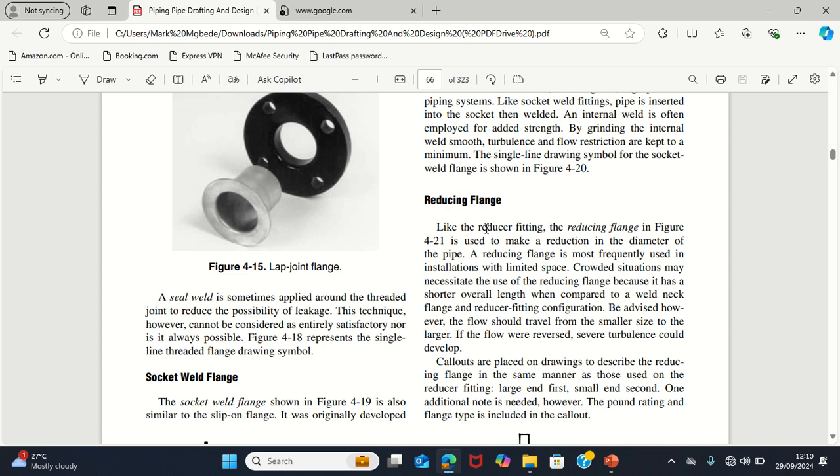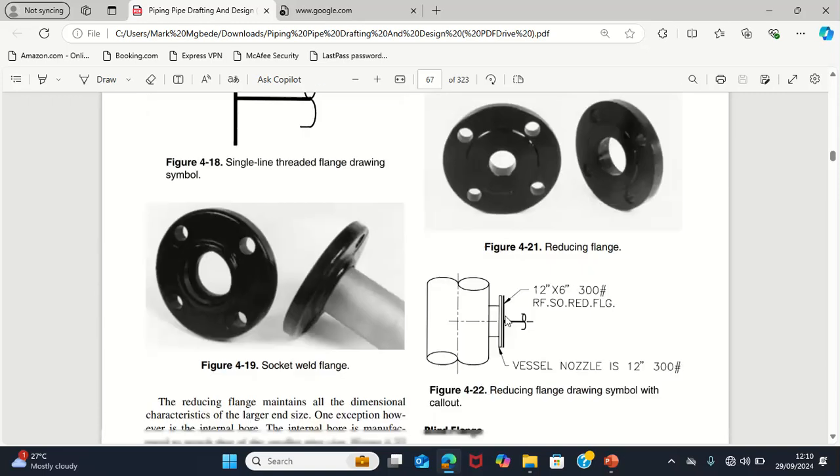All you need to do is use a reduced flange. Once you put a flange on the 6 inch, you put another flange to couple with it, and that flange will reduce it to a 4 inch line. So that is just it.